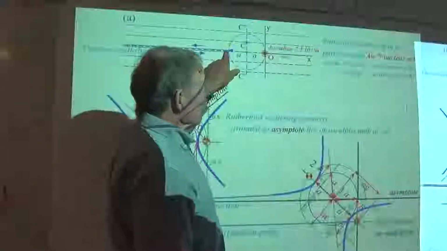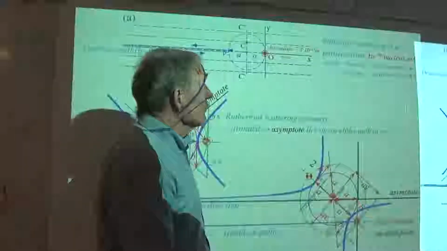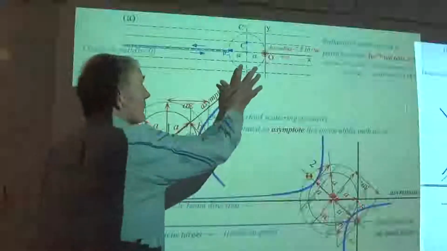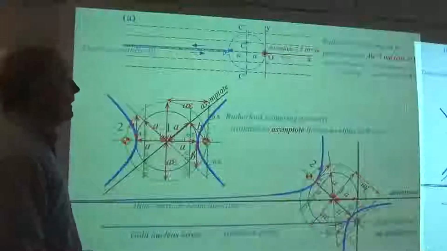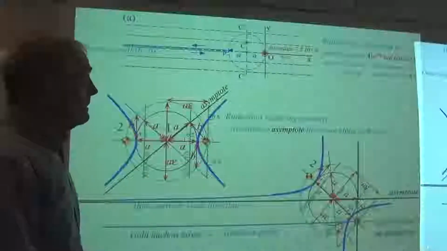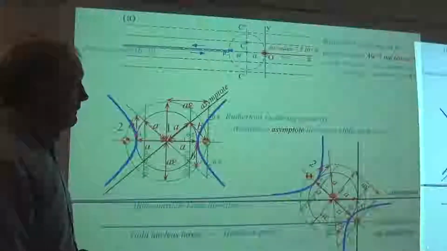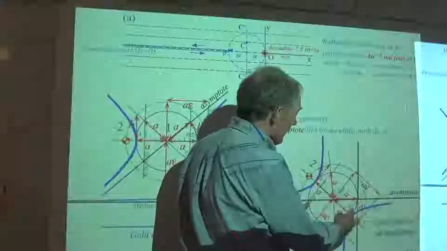But we're imagining that it gets a certain distance away, and that distance is twice what we call the semi-major axis parameter.